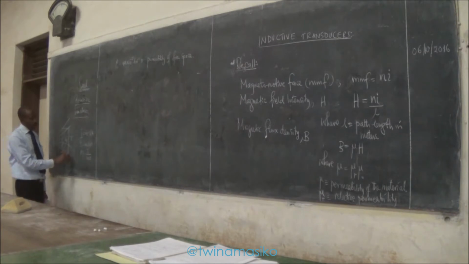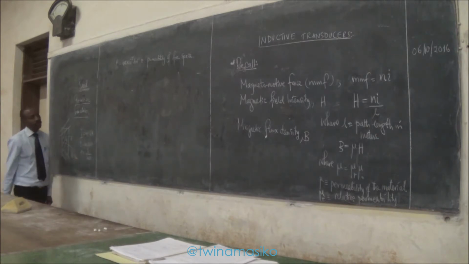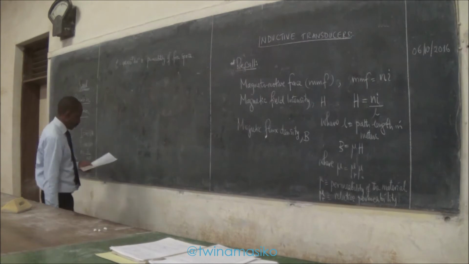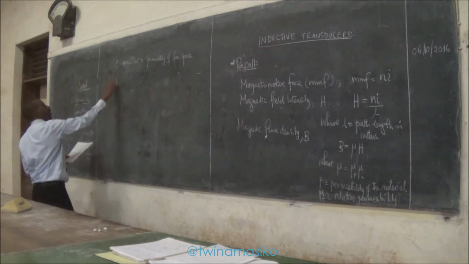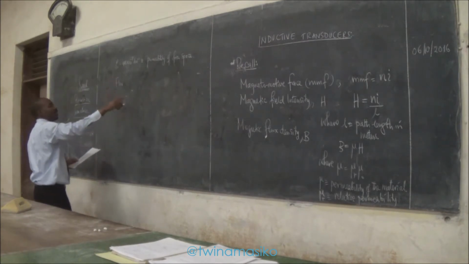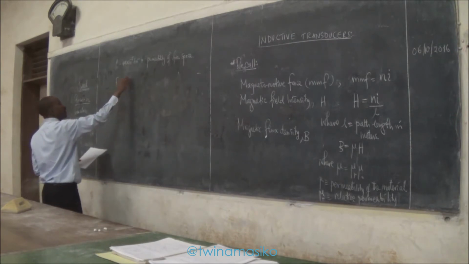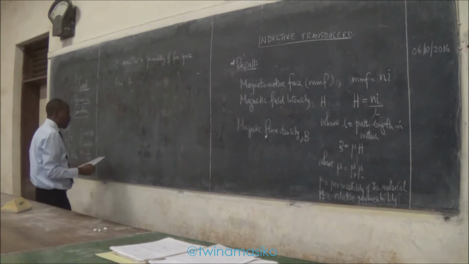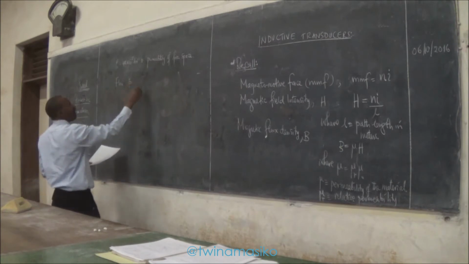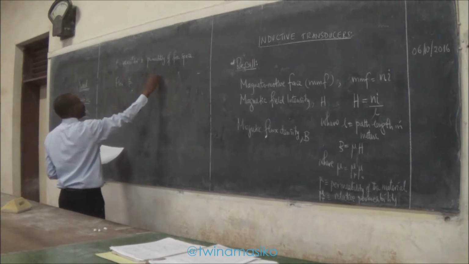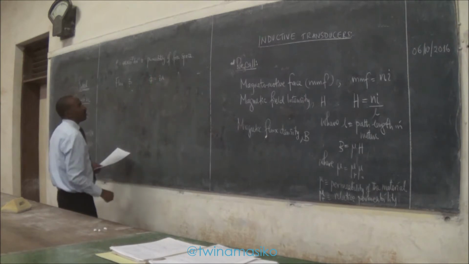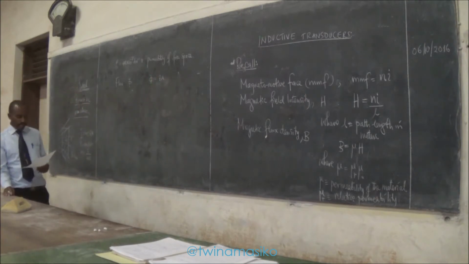We call it the flux. So we also need to remember something to do with flux. B is flux density. This is flux, and we denote it with capital phi, which is the product of the area and the magnetic flux density.